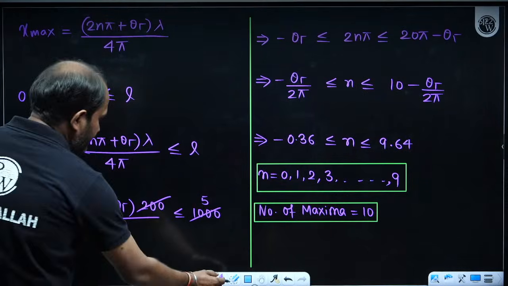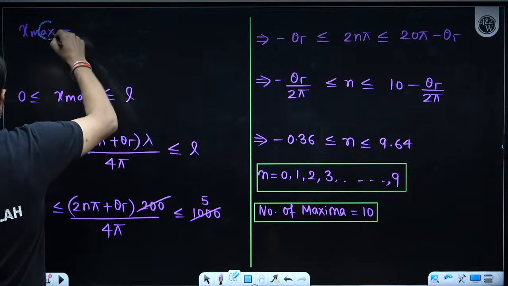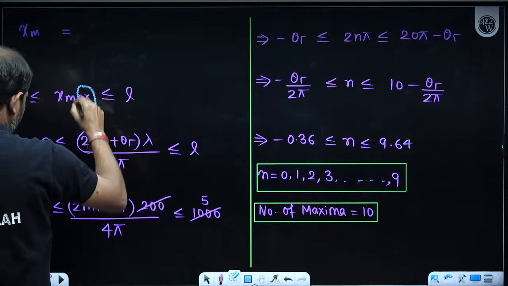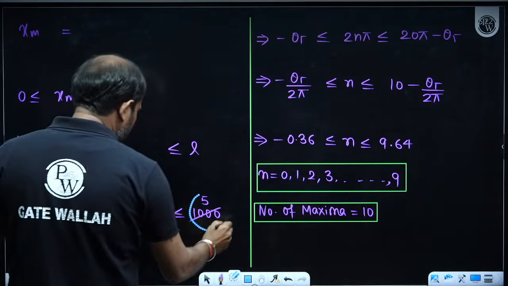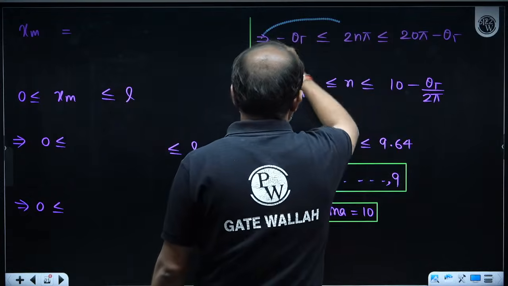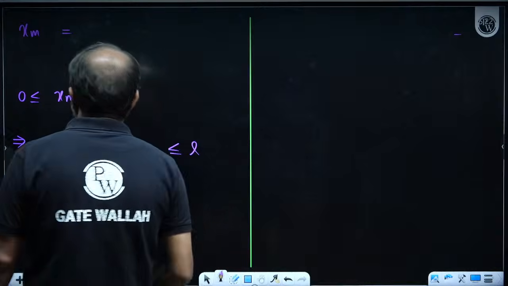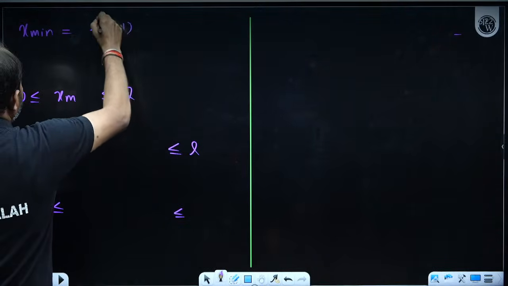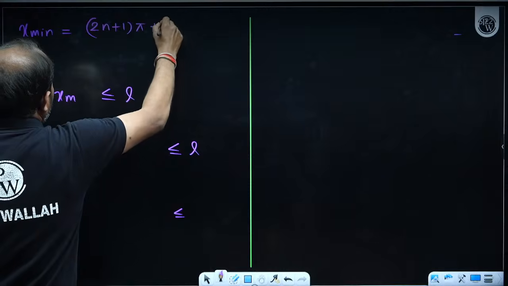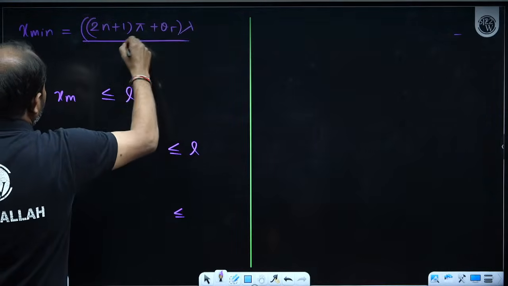Then we have minima. So X min is equal to 2n plus 1 pi plus theta gamma into lambda divided by 4 pi.